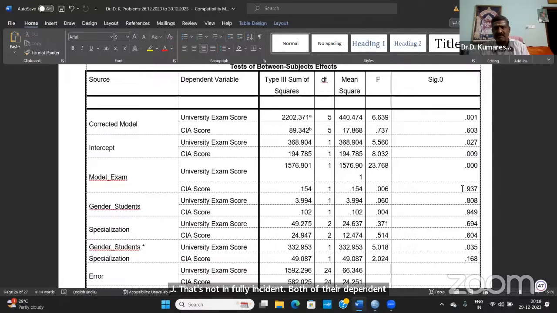Specialization has not influenced the dependent variables significantly. Whereas in the case of interaction, it has influenced the university exam marks significantly, but the CIA score is not influenced significantly by gender and specialization interaction.